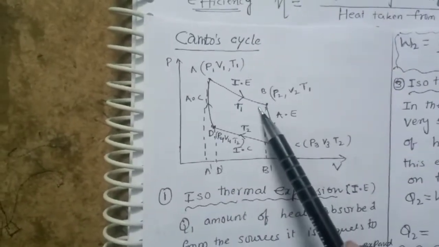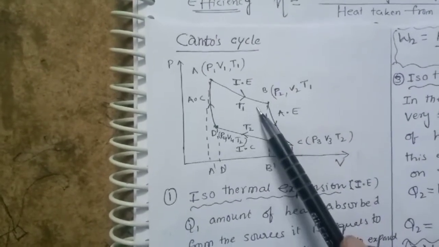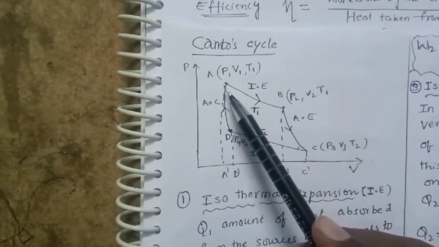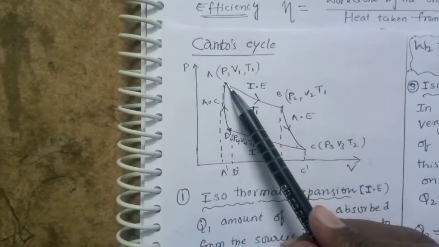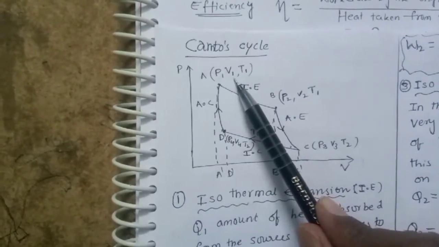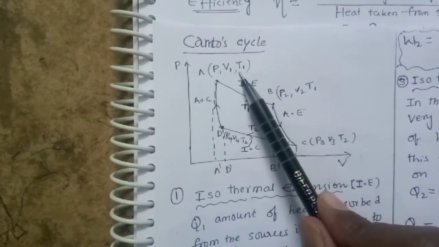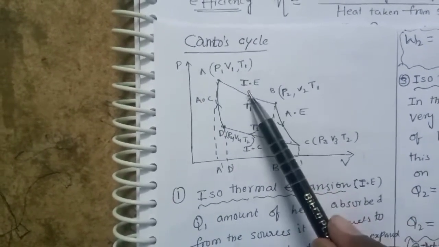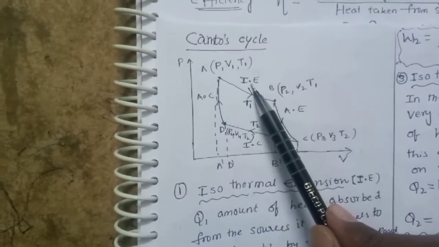Here, see this Carnot cycle PV diagram. This is point A, where the system has pressure P1, volume V1 and temperature T1, and we are doing the isothermal expansion process.